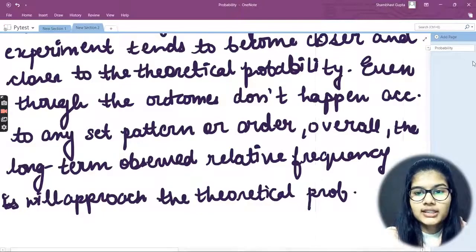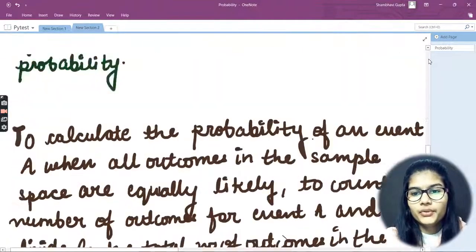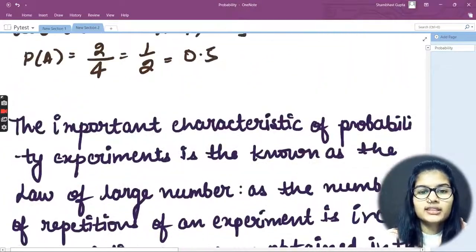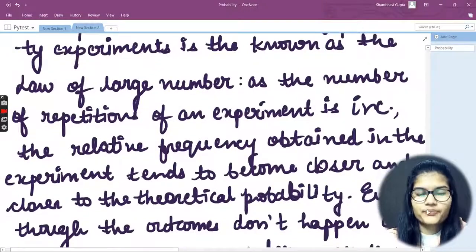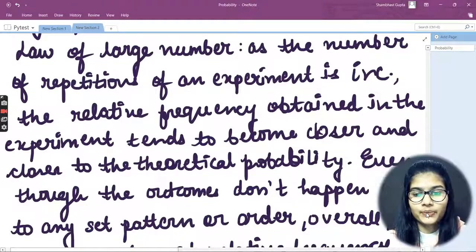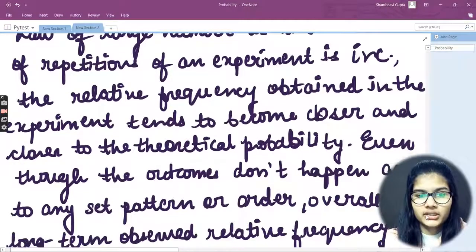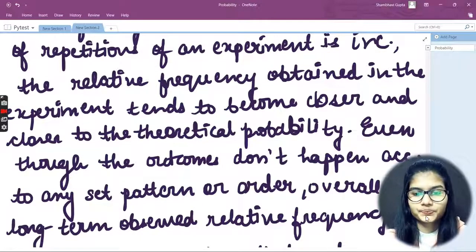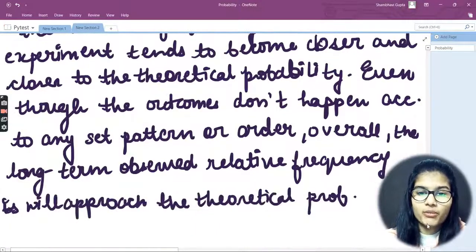So this is the law of large numbers. What does it say? It says that as the number of repetitions of an experiment increases, the relative frequency obtained in the experiment tends to become closer and closer to the theoretical probability.